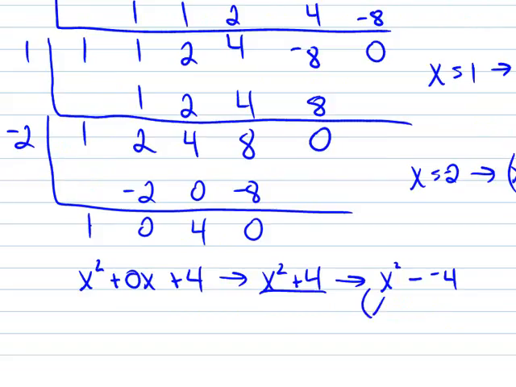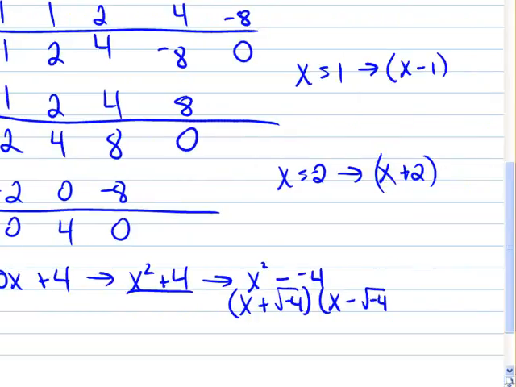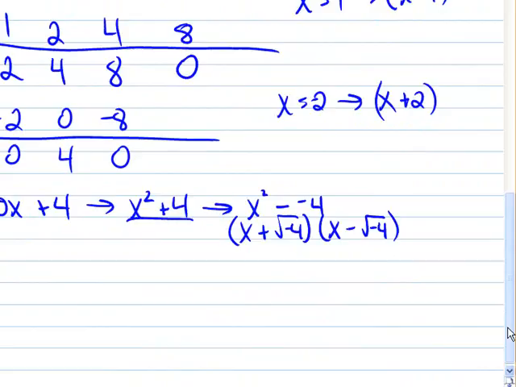So I could call it x plus the square root of negative 4, x minus the square root of negative 4. Well, the square root of a negative number, we can't leave things like that. So let's fix that. So I have x plus 2i, x minus 2i. Square root of 4 being 2, and i being the square root of negative 1. So now we have our other factors.